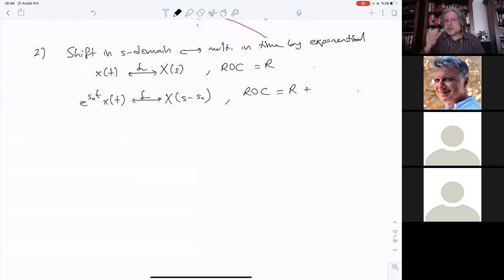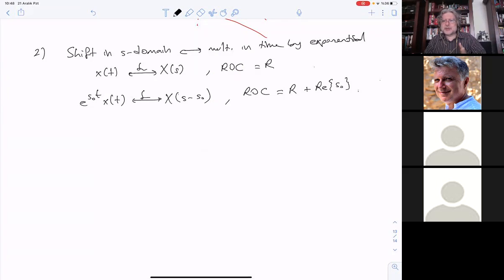So it makes a shift to the region by an amount of related to the real part of S0. So the region is either shifting right or shifting left or up and down. But up and down shifting does not change the region of convergence. That's why I'm putting a real part of S0.